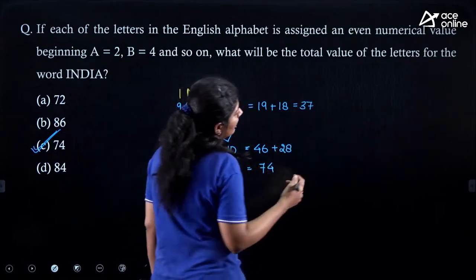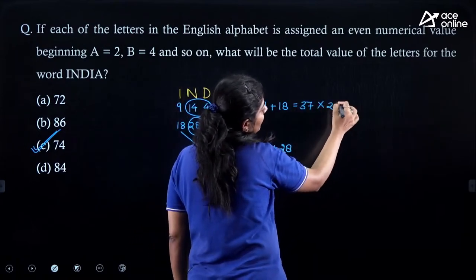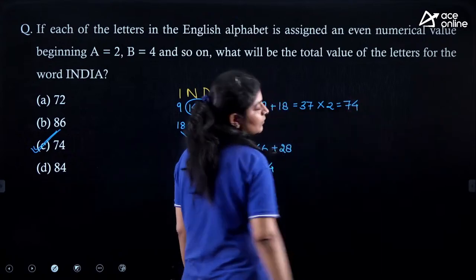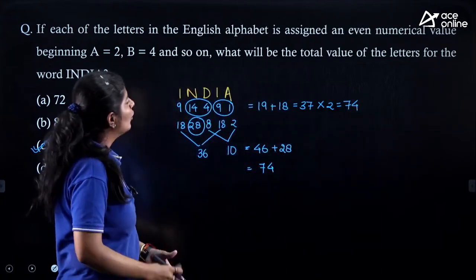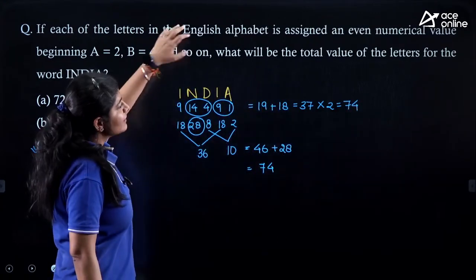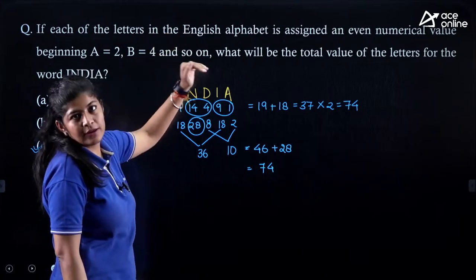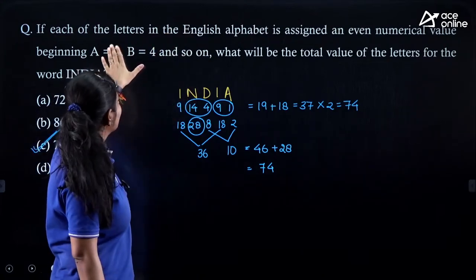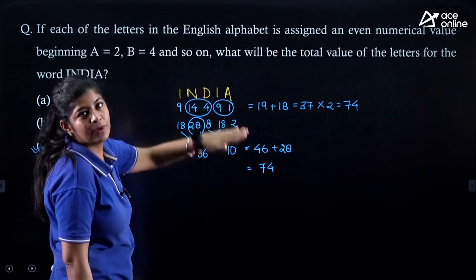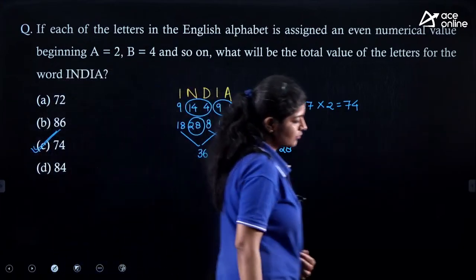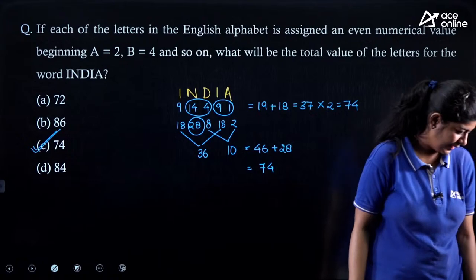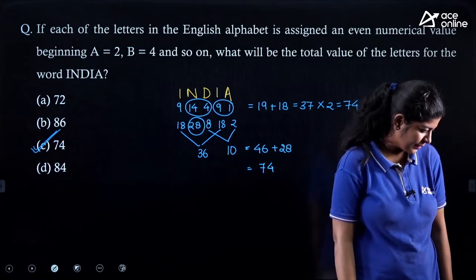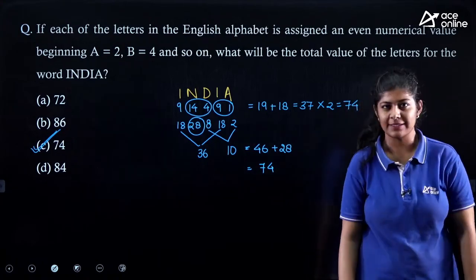Now just multiply this number by 2 and ultimately you will get the 74. So you can apply either of the approaches. All you need to understand is instead of assigning all the even values to all the alphabets, you are just multiplying the associated number by 2 just to make it an even number, right? Very good, Mark. Very good, Smart. Very good, Shiva. Very good, Mansa, right?